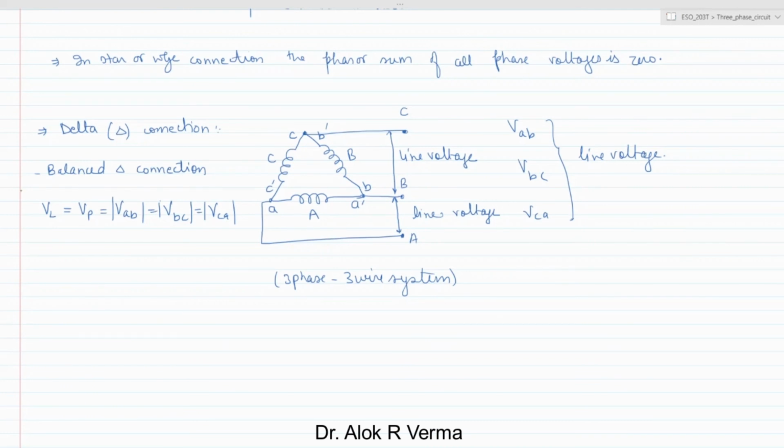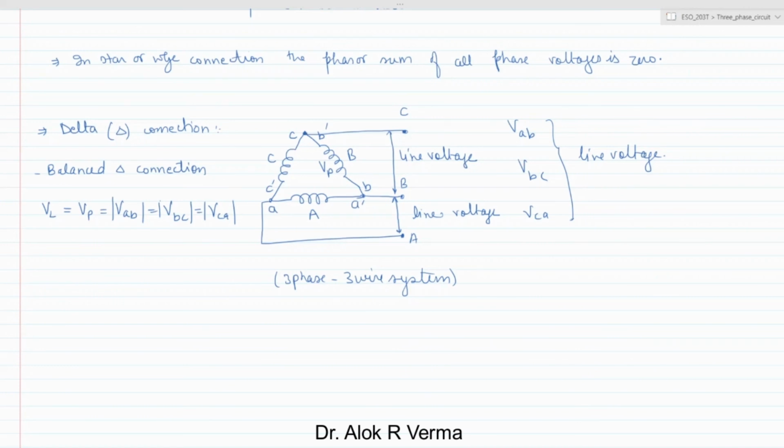Now here you can see the line voltage and the phase voltage are the same. This is, again, one important observation in delta connection. What is the voltage which is appearing across the phase? VP is equal to the line voltage.